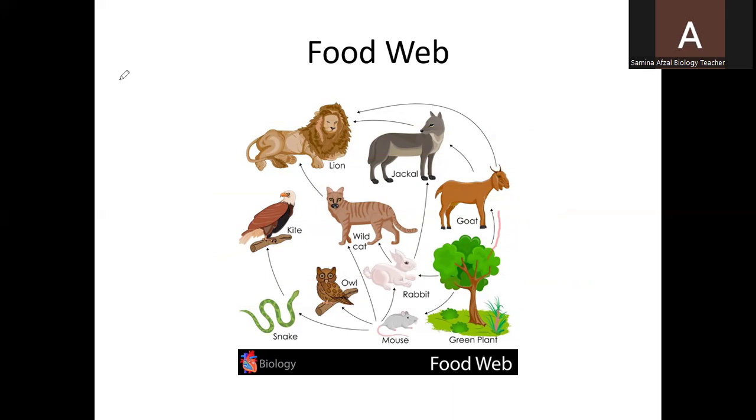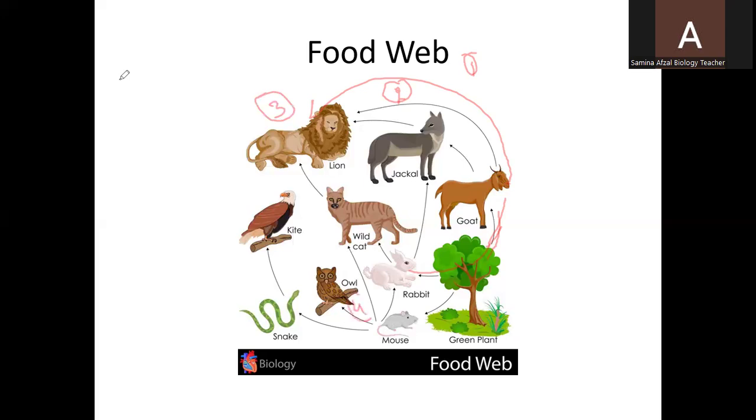In another food chain, the tree is eaten by the goat, and the goat is eaten by the lion. So there are two food chains, and the third food chain is from tree to wildcat, and from wildcat to lion. Then tree to mouse, mouse to owl.